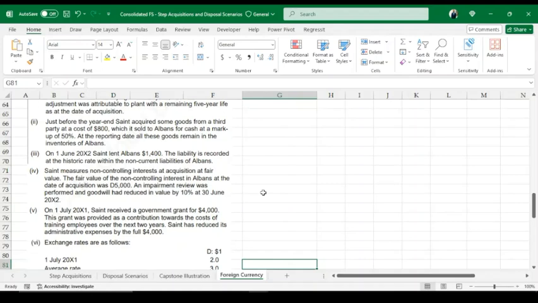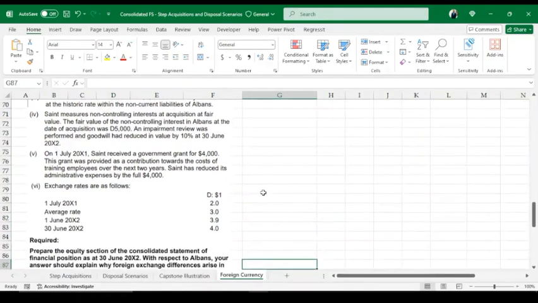An impairment review was performed and goodwill had reduced in value by 10% at 31st June 20X2. On 1st June 20X1, Saint received a government grant for $4,000. This grant was provided as a contribution towards the costs of training employees over the next 2 years. Saint has reduced its administrative expenses by the full $4,000.